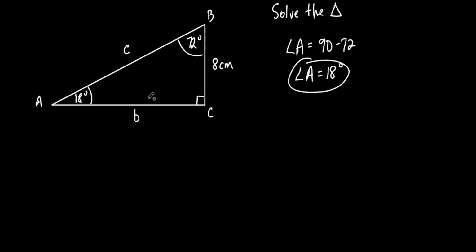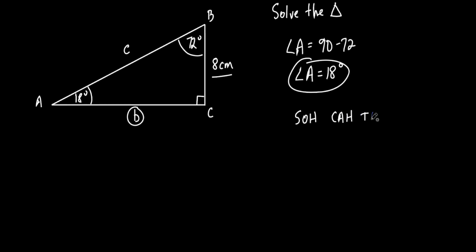So if I use the 72 and I want to solve for B, and I know this side, we got to figure out which trig ratio I'm going to use. What are my choices? I got 3 choices. Sine, cosine, and tangent. Which one of those do I use? Well, do you remember what our little thing is? It's sine what?